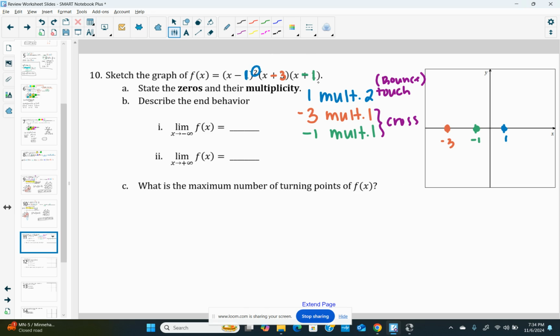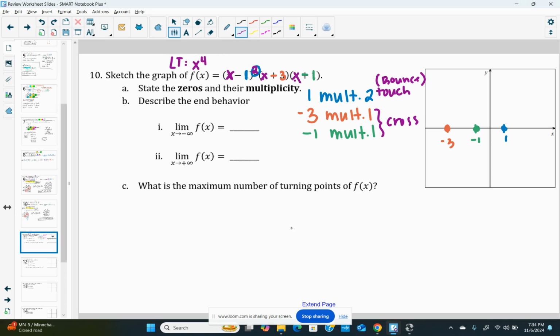Then if we think about the leading term, we've got an x, an x, and an x. And really this is an x squared because it's there twice. So our leading term is going to be x to the 4th, because we just have 1x, 1x, 1x, and 1x. So it's really x squared, x, and x.